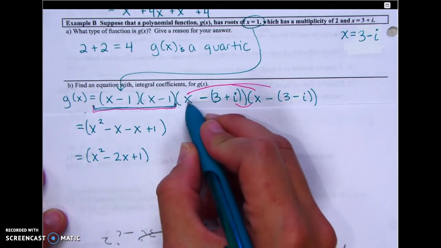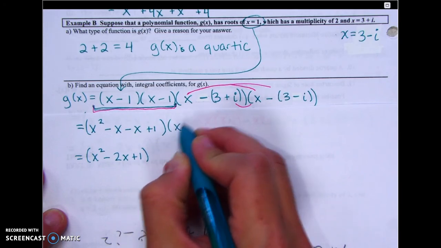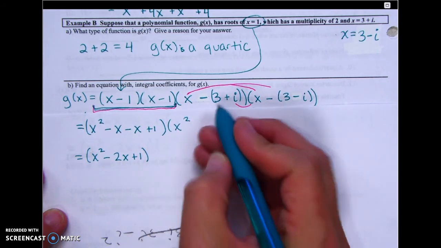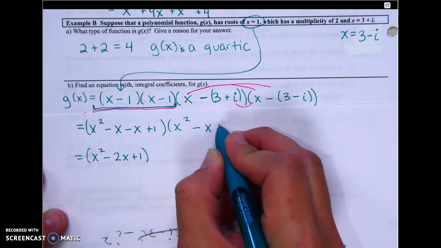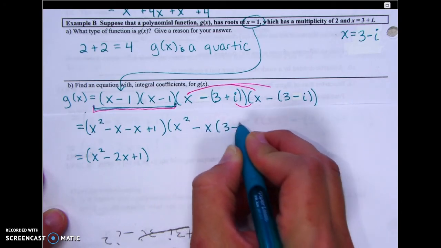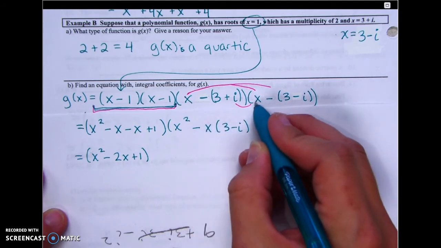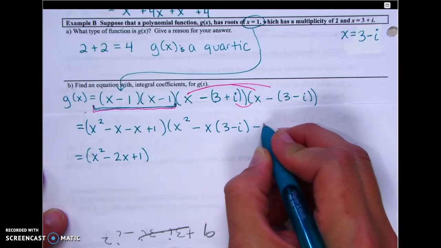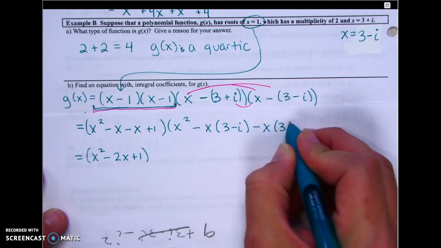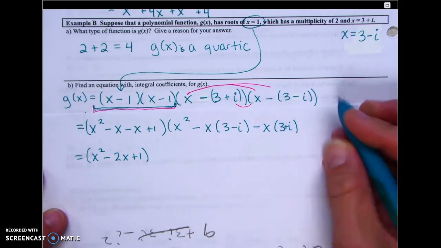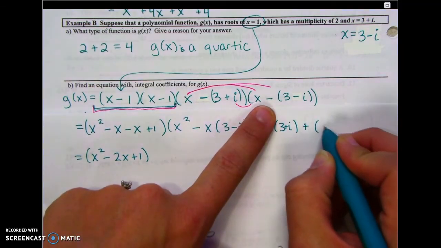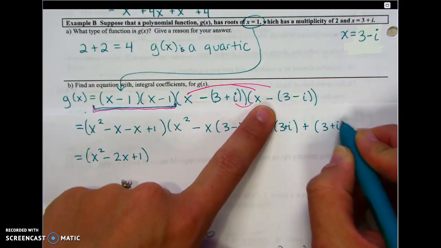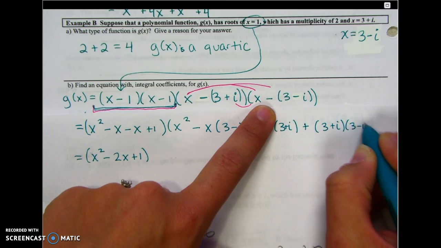All right, now we're going to do x times x is x squared. x times this is minus x, 3 minus i. And then this is also minus x, but it's 3 plus i. Oops, I need a plus sign here. And then I have a negative times a negative is a positive, but I have 3 plus i times 3 minus i.